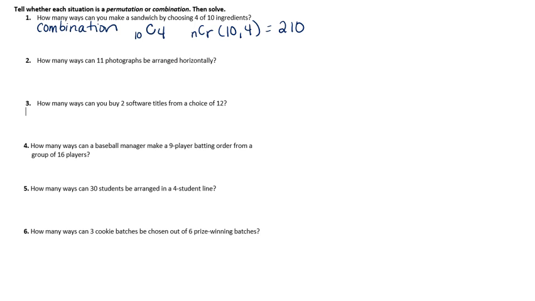Number 2. How many ways can 11 photographs be arranged horizontally? So there's that keyword, arranged. Since it's an arrangement, this is a permutation.